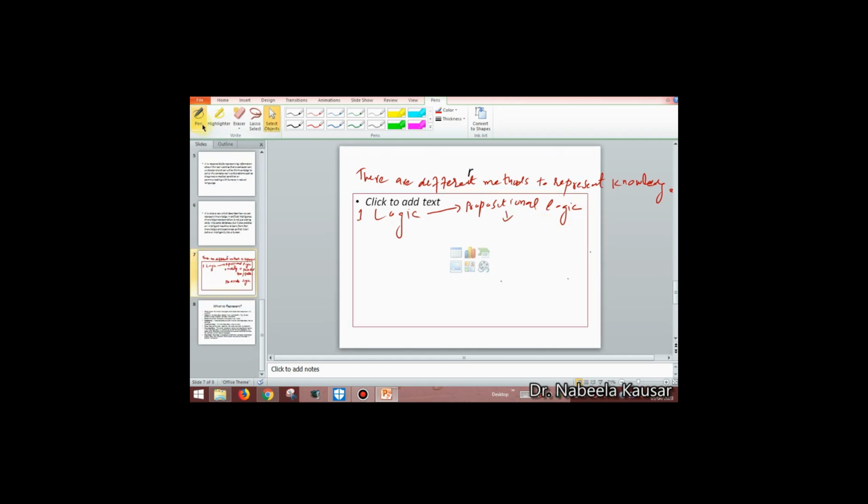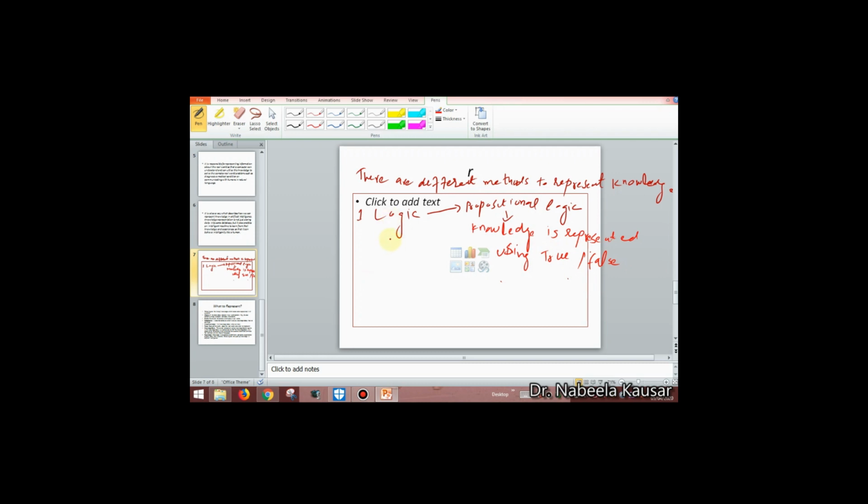In propositional logic, the knowledge is represented using the true false method.